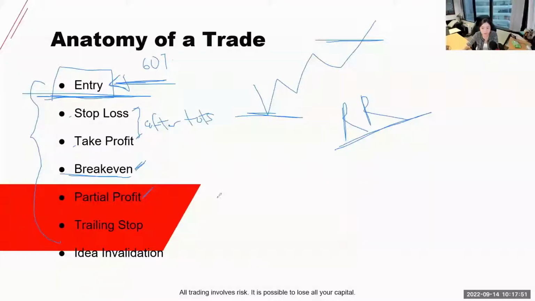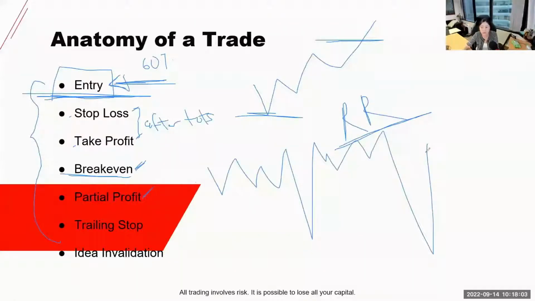And then partial profit is a management style for people who do not want to go through the emotion, especially with very liquid and very volatile markets where your movements can be extremely volatile. If you do not want to go through this kind of turmoil, you can learn how to take partial profit as well as trailing stop.